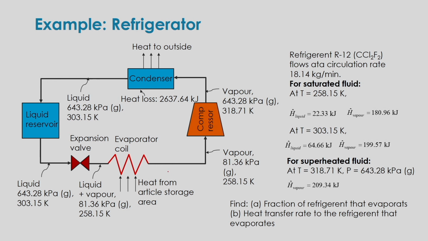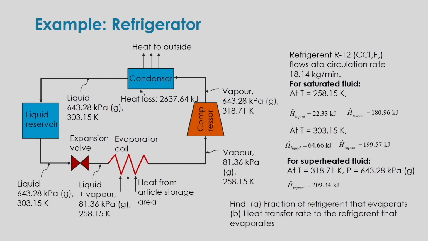So in this operation, whenever liquid comes from the liquid reservoir and passes through the expansion valve, the pressure is reduced and the temperature is reduced to a certain temperature. Then it goes through the evaporator, where heat is sucked from the substances kept in the refrigerator, and by that heat it is evaporated.